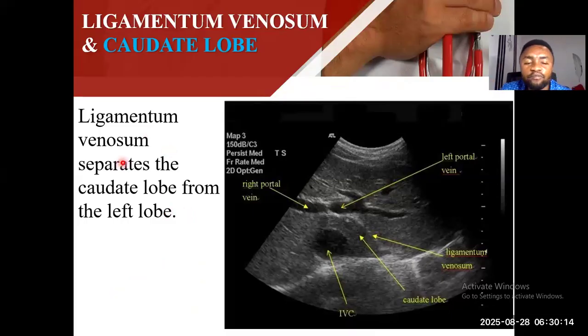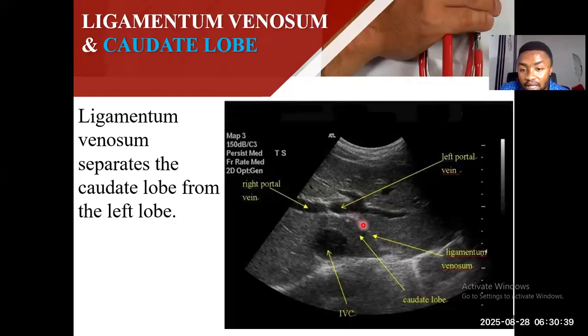So ligamentum venosum separates the caudate loop from the left loop. You understand? Caudate loop from the left loop. I think we talked about these loops some time ago, I think last week or so. The caudate loop, quadrate loop, they are the accessory loops. So for you to know that this is left loop and this is the caudate loop, it is what? The ligamentum venosum that does that.